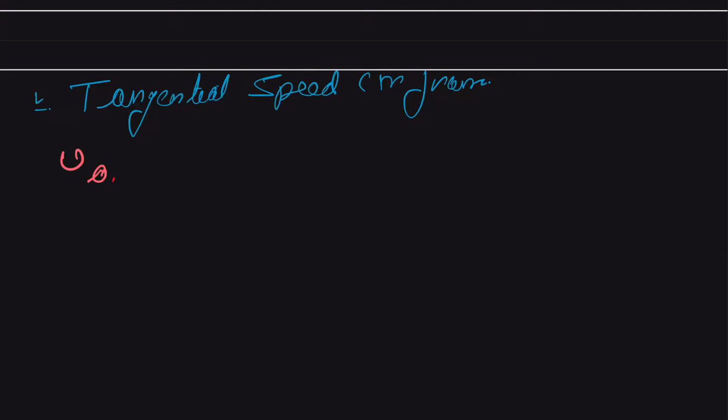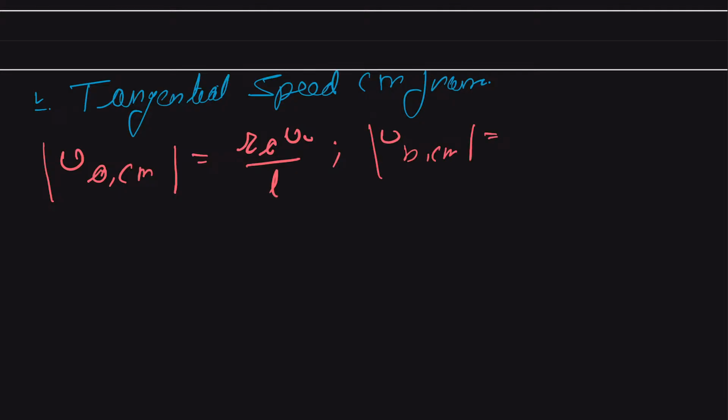We are only interested in magnitude: V_A,CM is equal to R_A times V0 upon L, and V_B,CM is equal to R_B times V0 upon L.